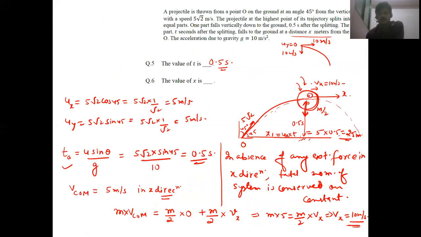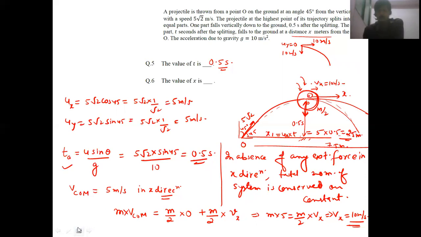For this particle, from here to here is where it is actually landing. This is the trajectory of the center of mass, but this will be the trajectory of that particle. It is going 7.5 meter, and this will be our answer.